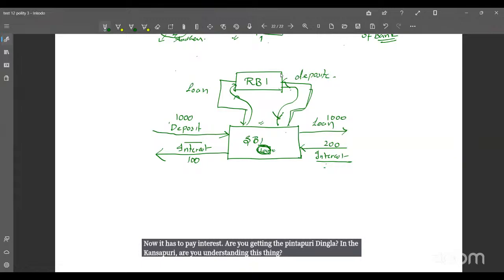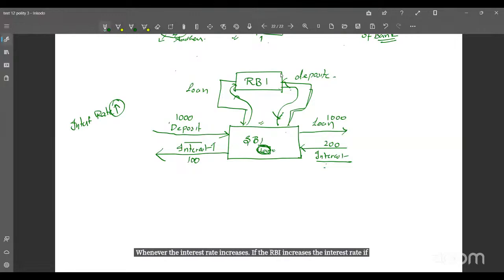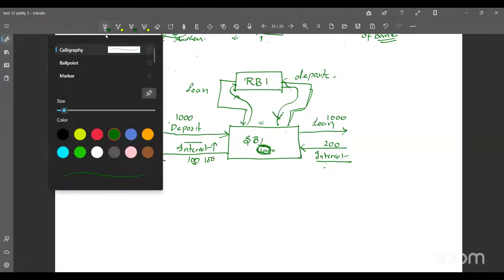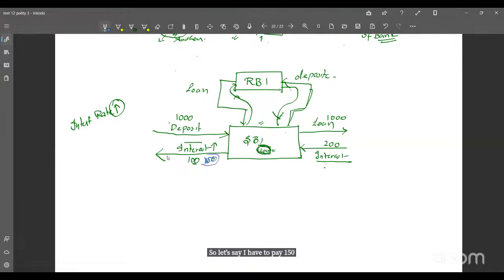So now, whenever the interest rate increases, if the RBI increases the interest rate, let's say instead of 100 rupees, you have to pay 150. Let's say I have to pay 150. Now this is the new interest.